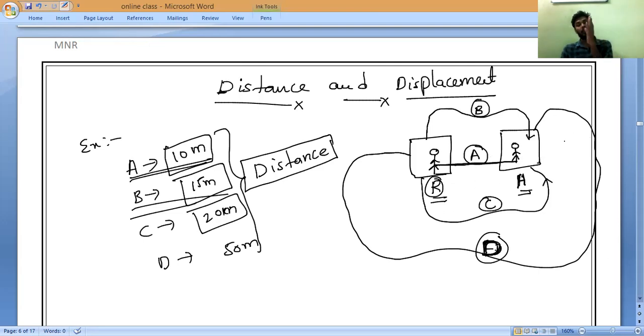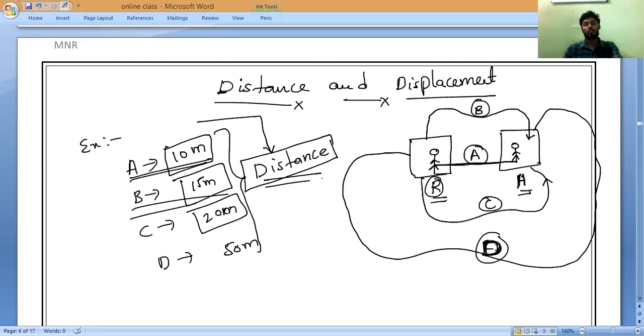Am I directing any direction? I am not directing any direction. I am just saying go to Hari's home. That's all. So he can go any way, either A, B, C, or D. The total length of the path, if you measure it, is called distance. Clear, all of you?